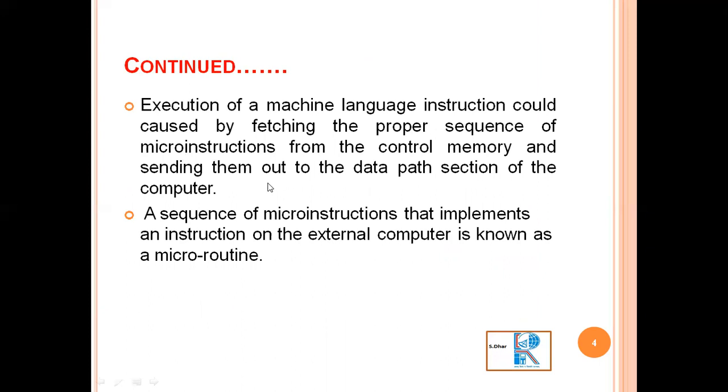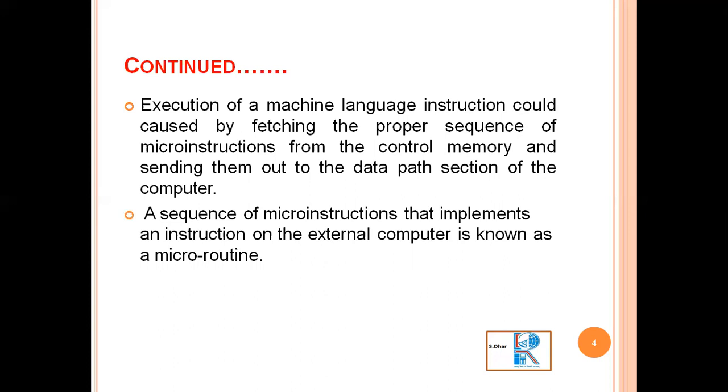That means here different types of control signals are stored in binary form, and when a particular bit is 1, that particular control signal is activated, and according to this activation the data path is opened and data is transferred from one register to another, because you already know that execution of an instruction means the transfer of data from one register to another.